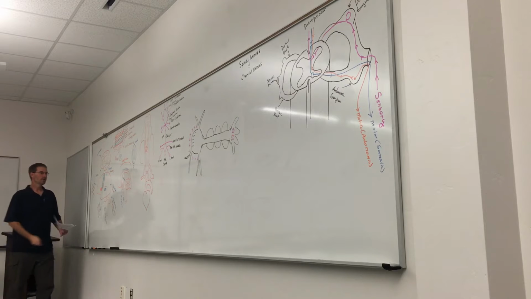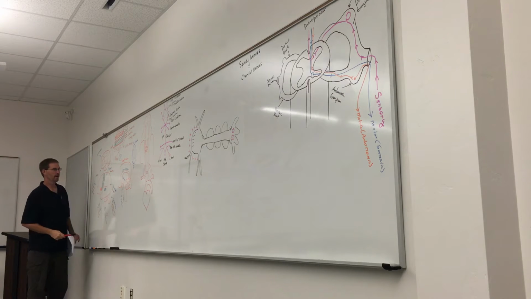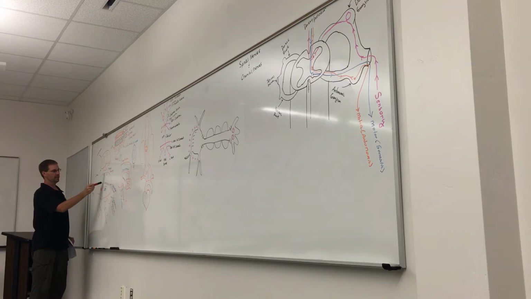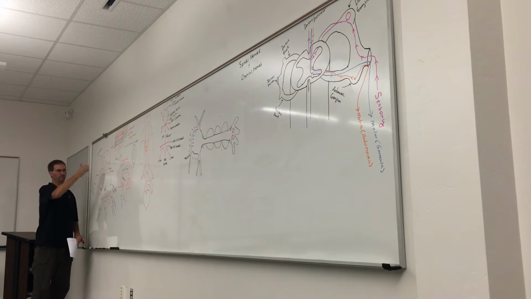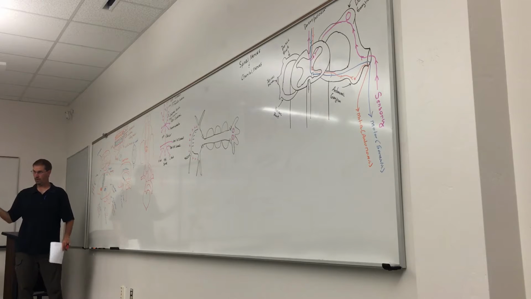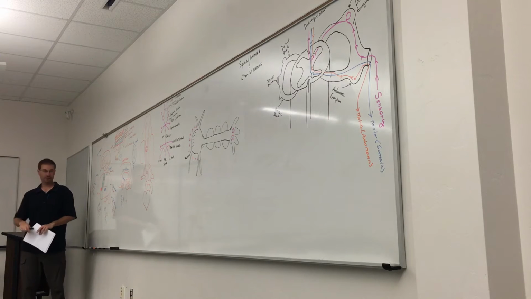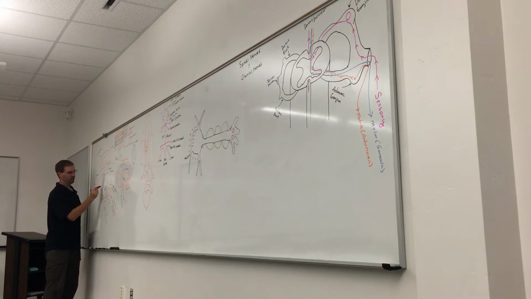So let's talk about the 2 strips. You have this sulcus here that separates the frontal from the parietal. And on either side of that sulcus, you have a strip of cerebral cortex that is dedicated to a very specific function.